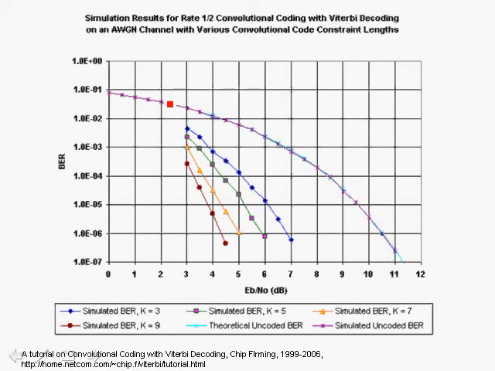The theoretical curve is shown, and also the simulation, and you'll notice the simulation matches the theoretical perfectly. This point is very important, and we'll get to that. This is the point where the bit error rate is 10 to the -6, and it happens to be at Eb/N0 equal to 10.5 dB.